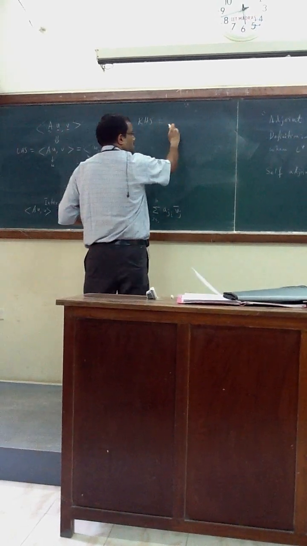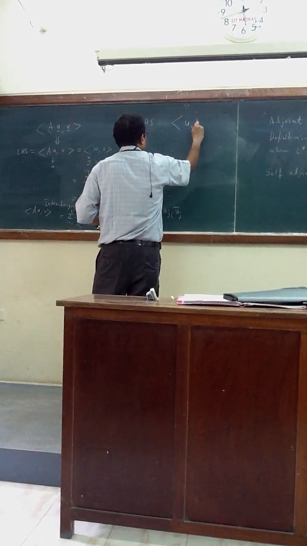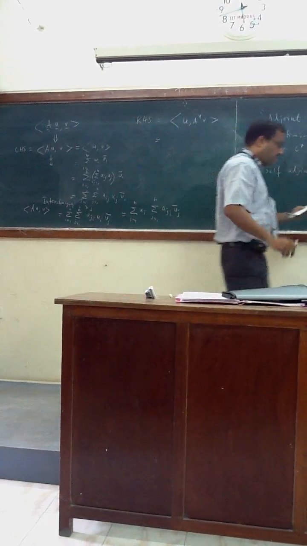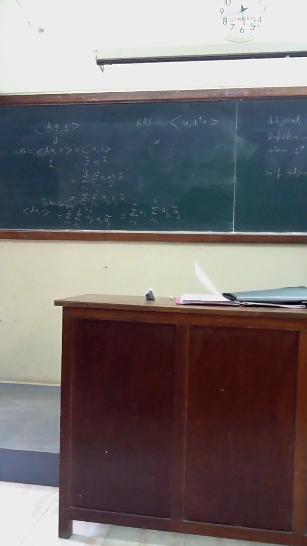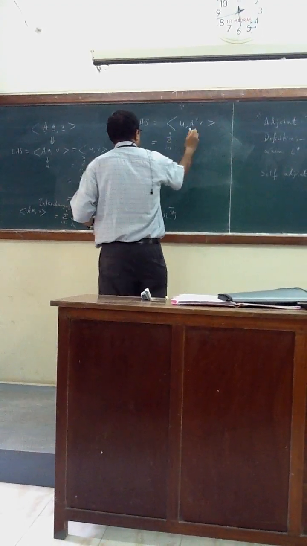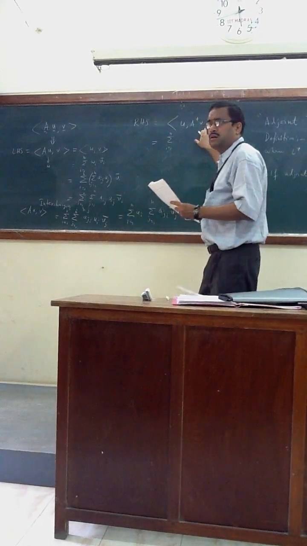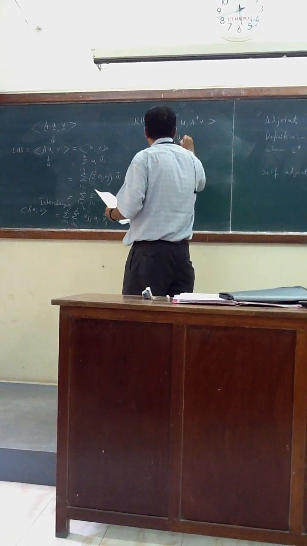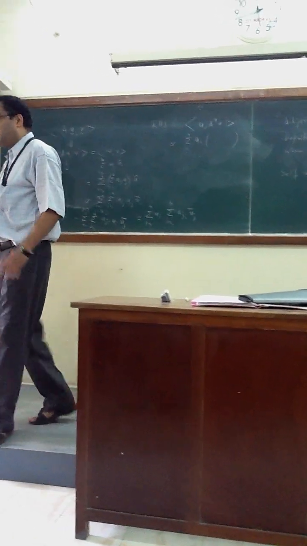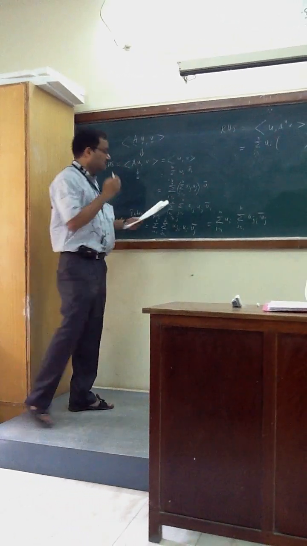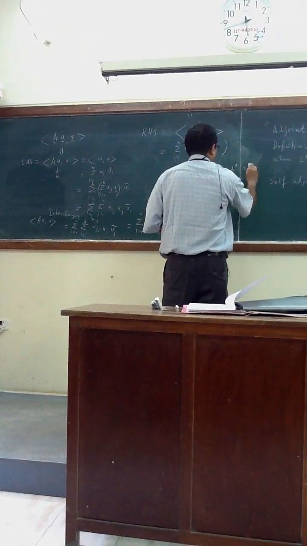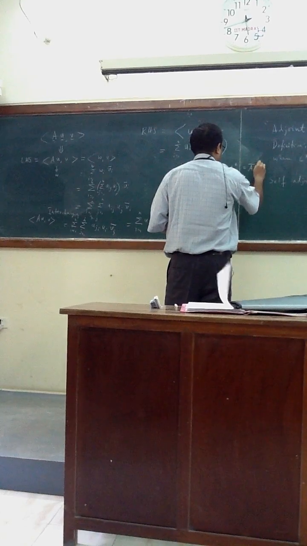The right hand side is U, A star V. Now you tell me how to write it: summation i equals 1 to n. If I say this is W, Ui Wi bar. Okay, so it is Ui, then what should I write here? Remember that A star means A bar transpose.